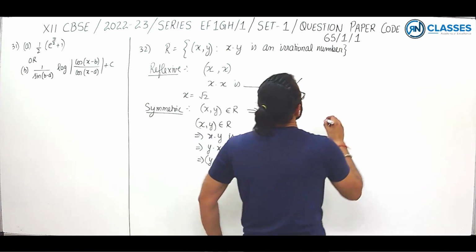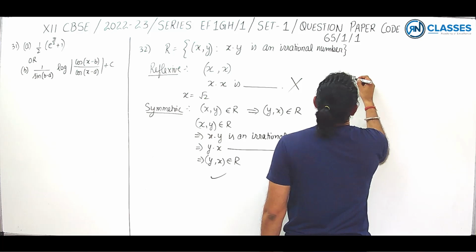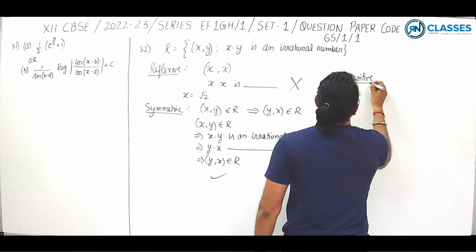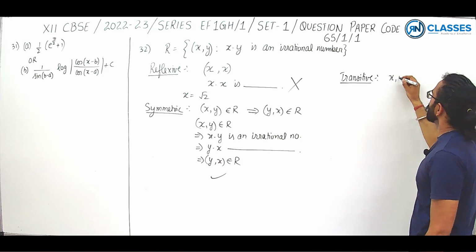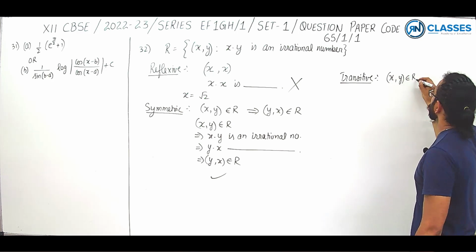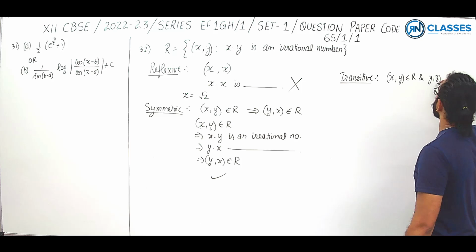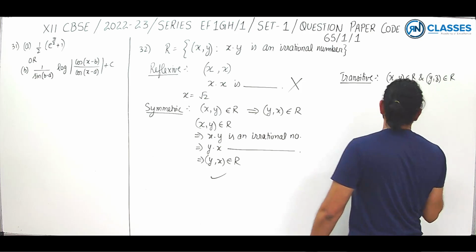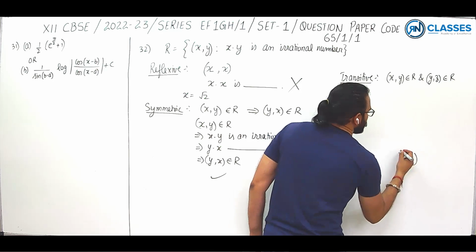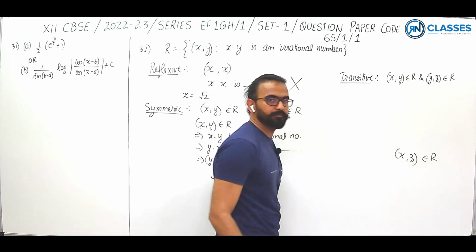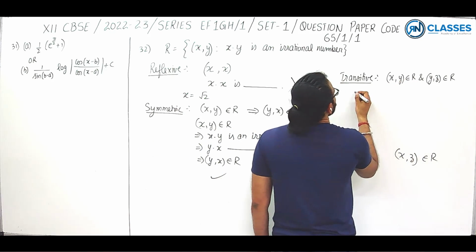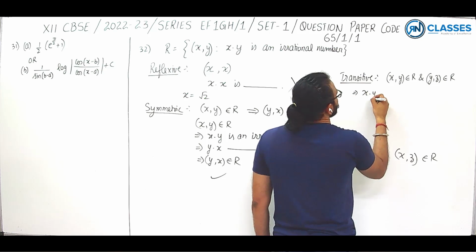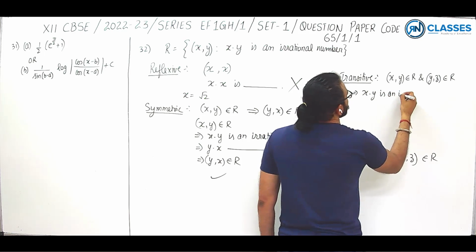Now the third part is we have to check whether this relation is transitive or not. And for transitive relation we need to check if x comma y belongs to relation R and y comma z belongs to relation R, then x comma z must belong to relation R. Let us see. अगर x comma y relation R में है तो this will satisfy the condition x into y is an irrational.